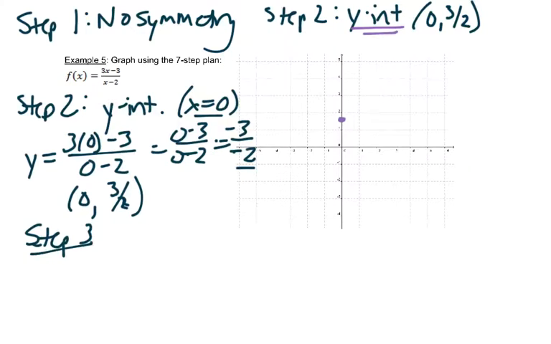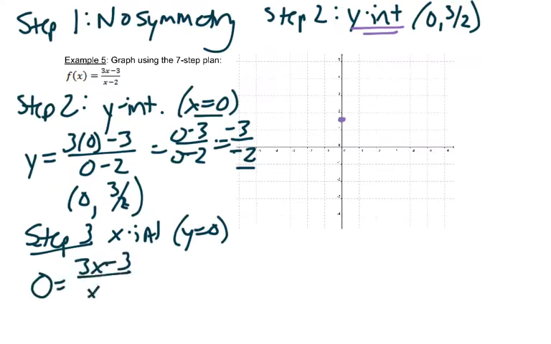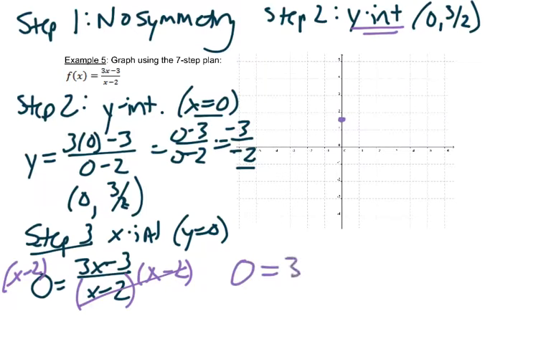Step 3 says I need to find the x-intercept. That means we make y equal 0. So I have 0 is equal to 3x minus 3 over x minus 2. And multiply both sides by this denominator to get rid of it so that I don't have a fraction. So on the right side it cancels out. On the left side we have x minus 2 times 0, and x minus 2 times 0 is just 0.